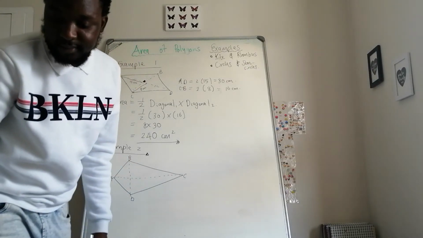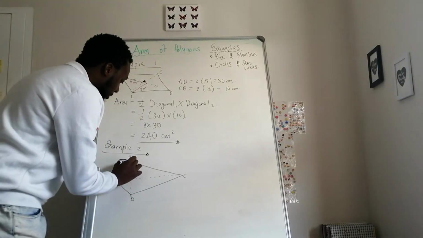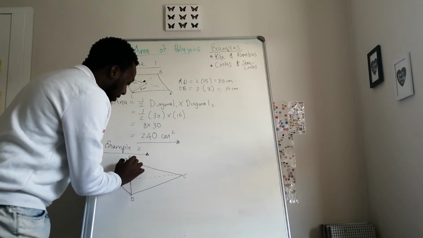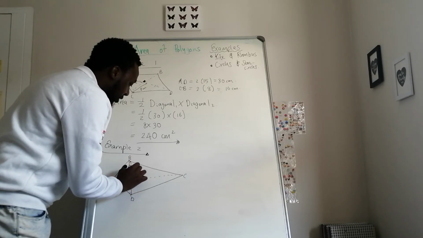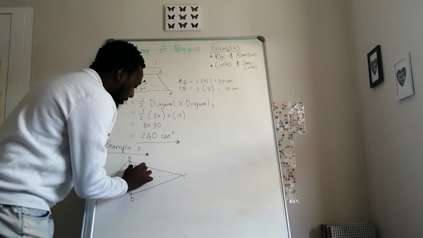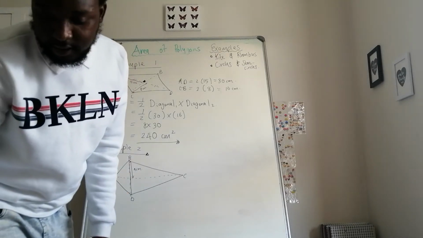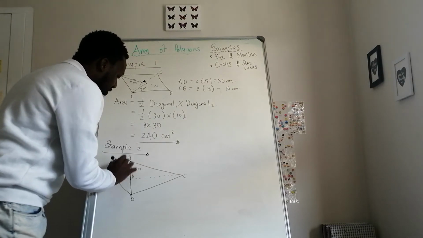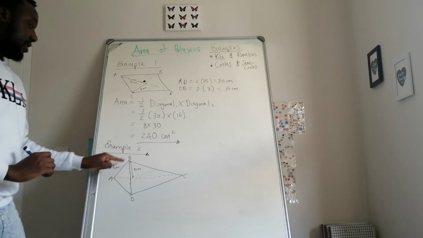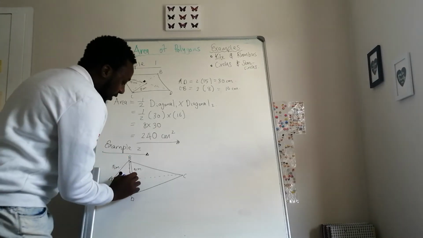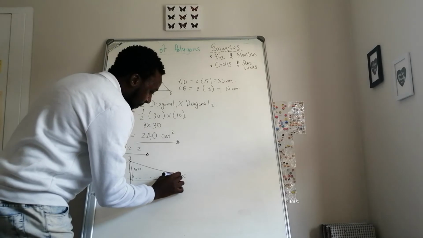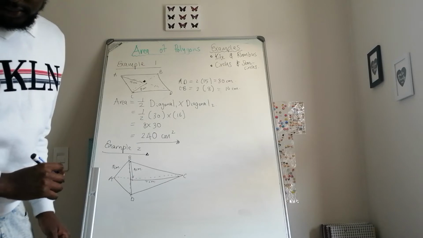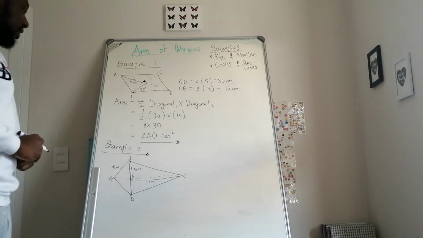Diagonal of BD, we're also not given the whole diagonal. But for some reason, we're given the distance from there to the middle, which is 4 centimeters. Right? And then another dimension we're given is the 5 centimeters, the AB there. And another dimension that we're given is the 7 centimeters there. Yeah, we're not given anything else.